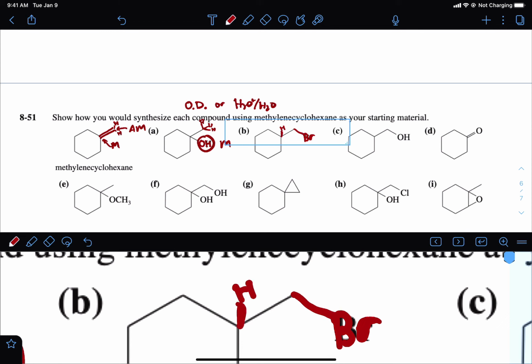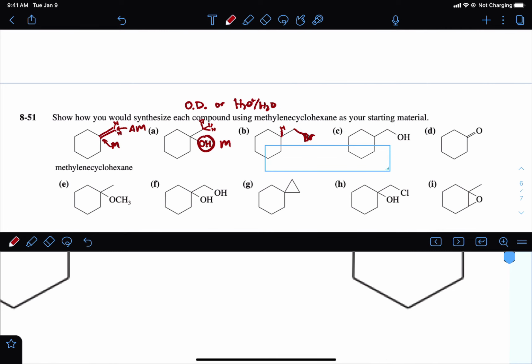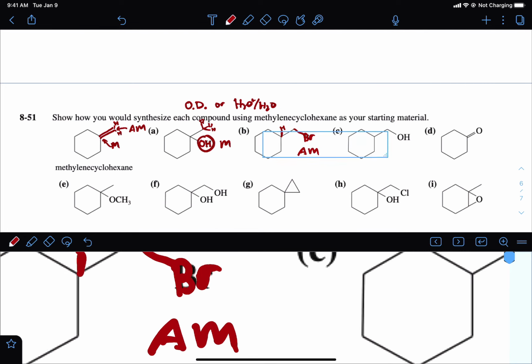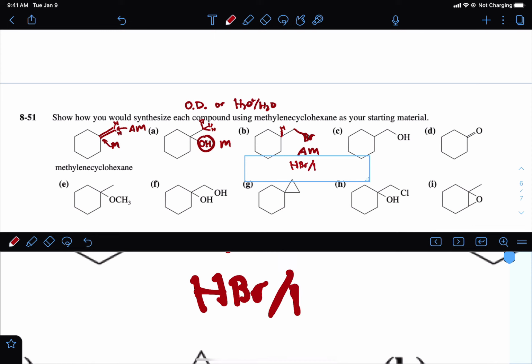So we're adding an H to the carbon with the fewest H's. That's anti-Markovnikov. So how do we add anti-Markovnikov H and Br? That was with HBr and ROOR. That radical mechanism we went over.